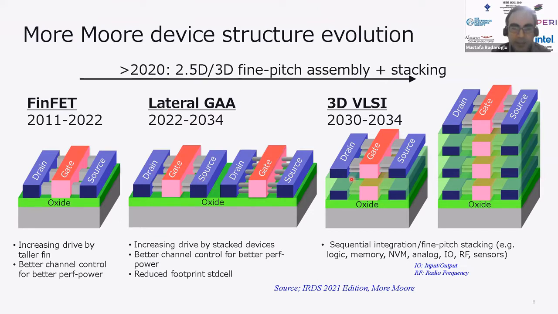Then by 2030, it will be true sequential or extreme fine pitch 3D stacking, so device tiers put on top of each other. Basically, it can be logic on logic, logic on memory, or conventionally, for instance, P over N devices like CFET.